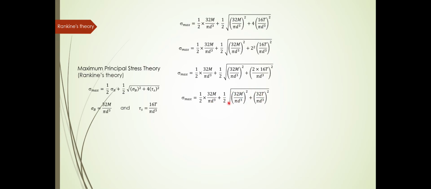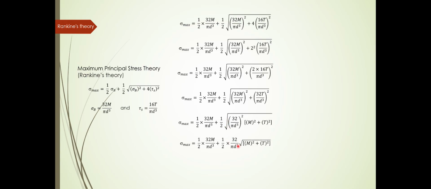So within the square root, extract this 32 over pi d cubed out. So you have the square of 32 over pi d cubed on both sides, then remaining M squared plus T squared in the bracket. So you can take this out from the square root.